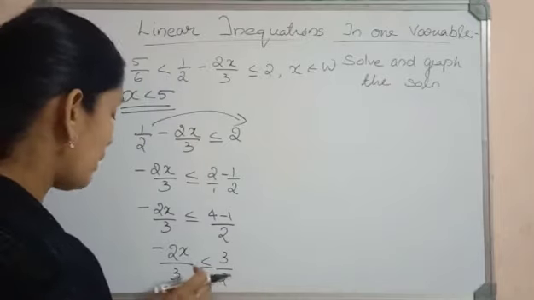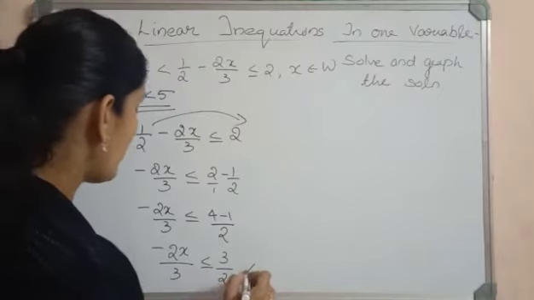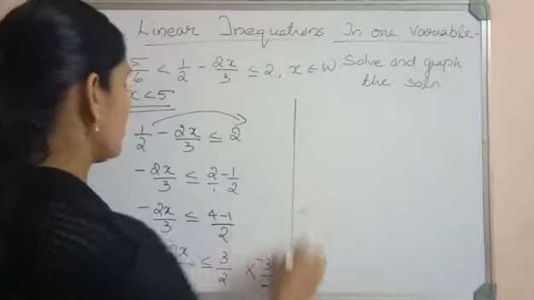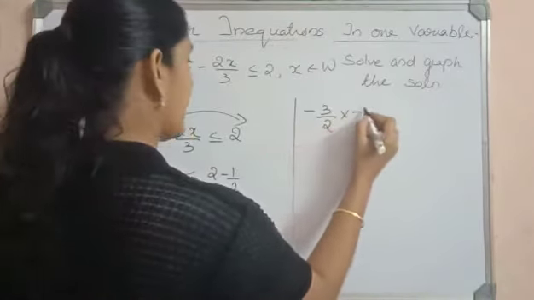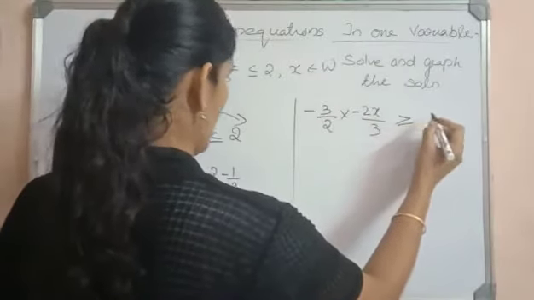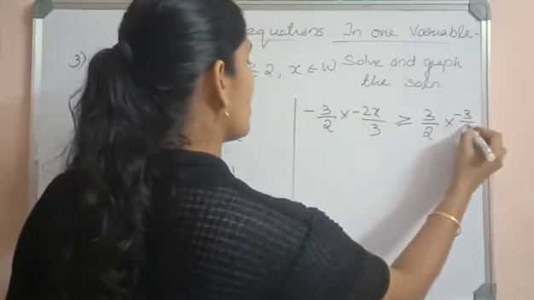And again we need to make the coefficient of x as 1. We need to multiply both the sides by minus 3 by 2. We get this as minus 3 by 2 into minus 2x by 3 greater than or equal to 3 by 2 into minus 3 by 2.